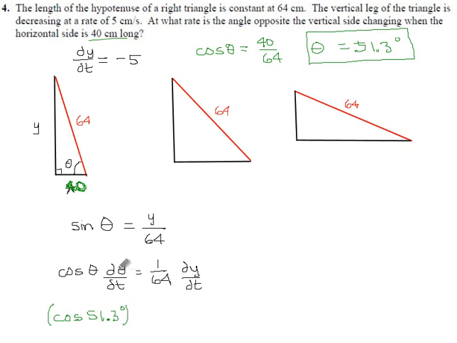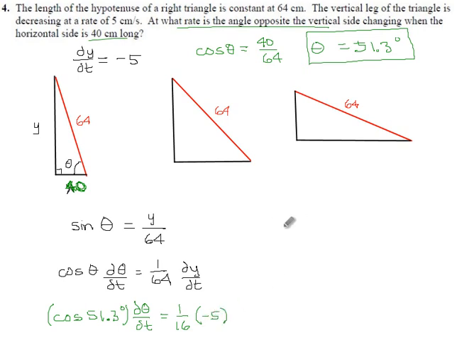It's all good. d theta/dt is what we're supposed to find. At what rate is the angle changing? So for now, that remains unknown. On this side, we have 1/64th, and dy/dt, they told us, is minus 5. The y side is shrinking that fast.